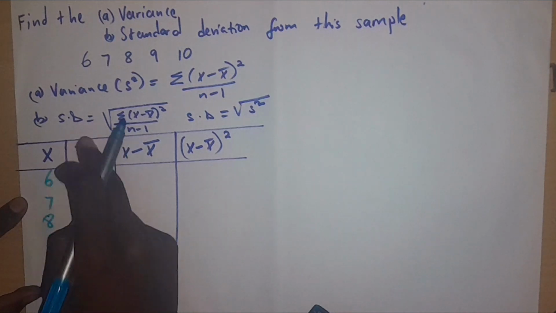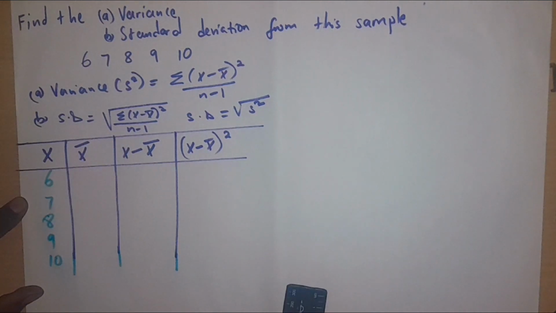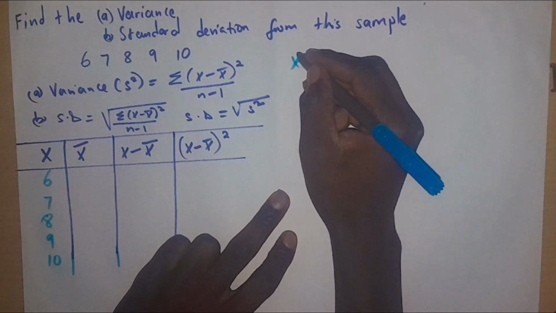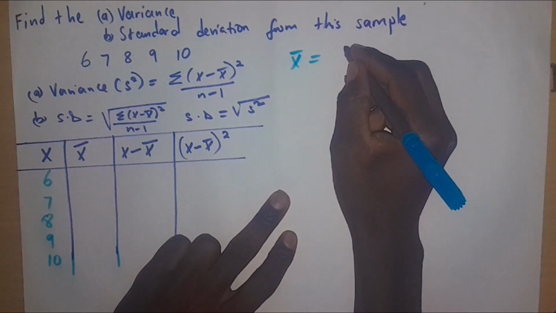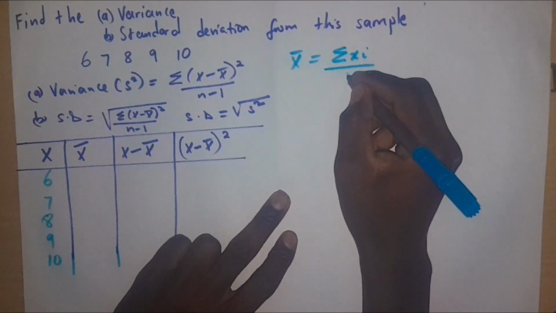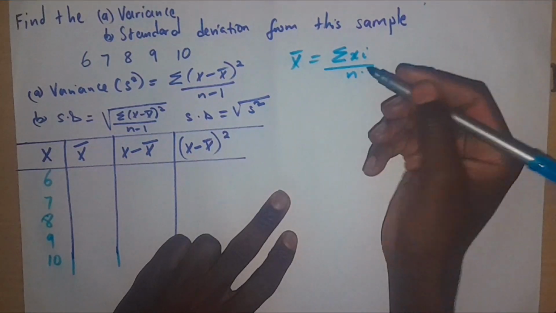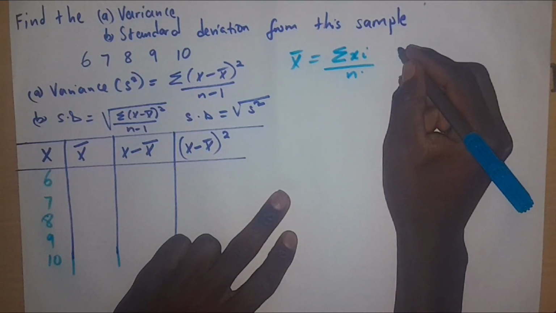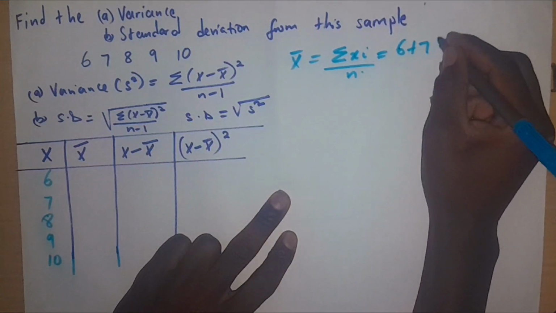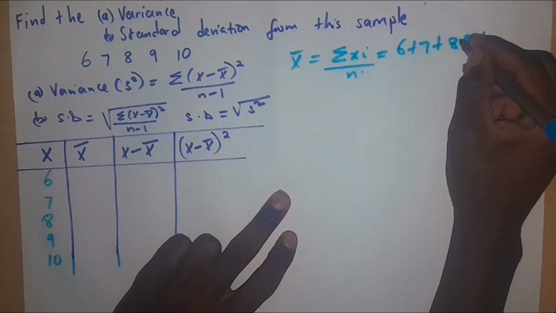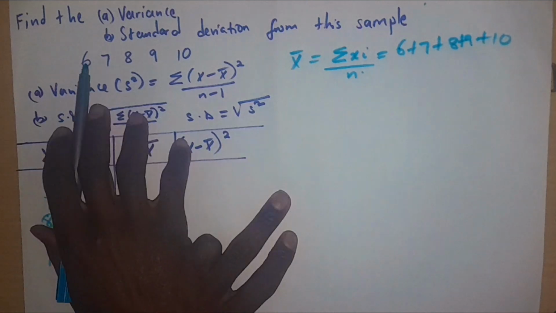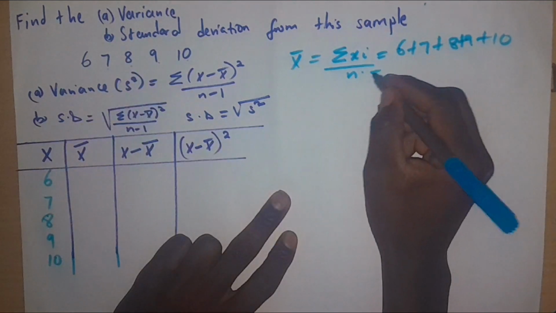Now we need to calculate the mean. As I said in the other video, when you're calculating the mean for ungrouped data, the formula is the summation of all the data points over the total number of the data points. So the summation is 6 plus 7 plus 8 plus 9 plus 10, and the total number of data points is 1, 2, 3, 4, 5, so n is equal to 5.